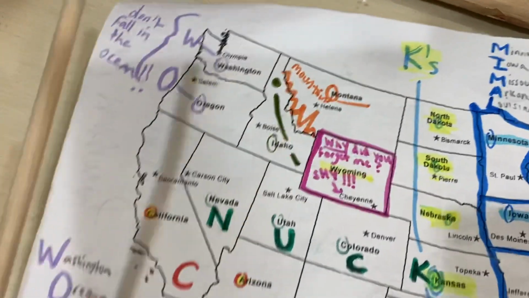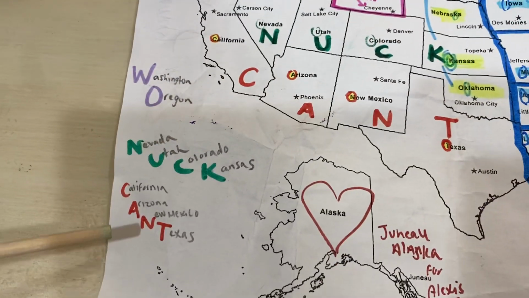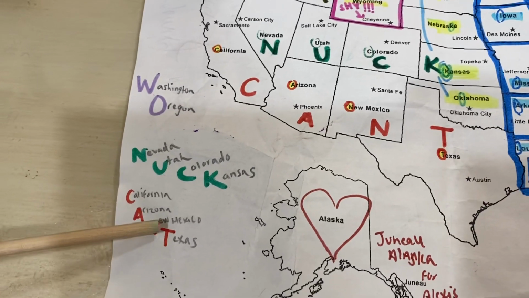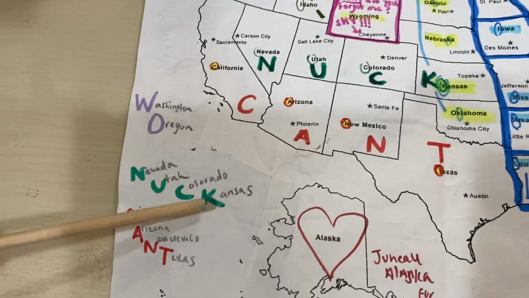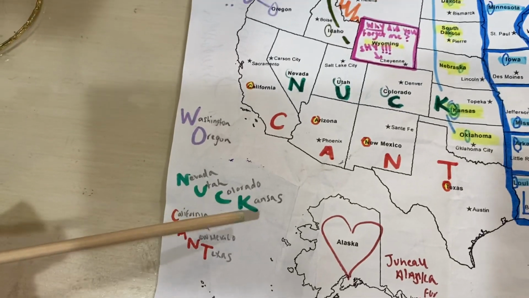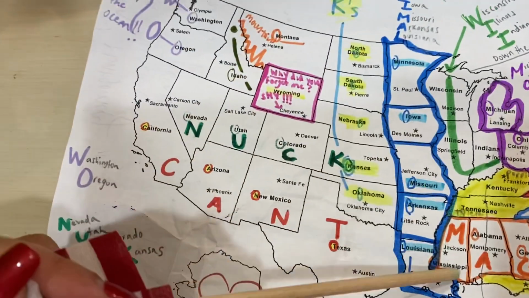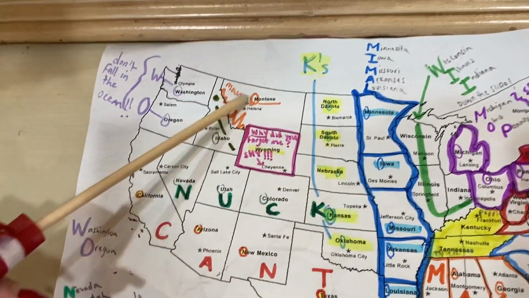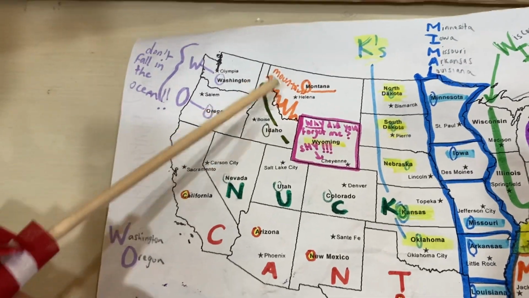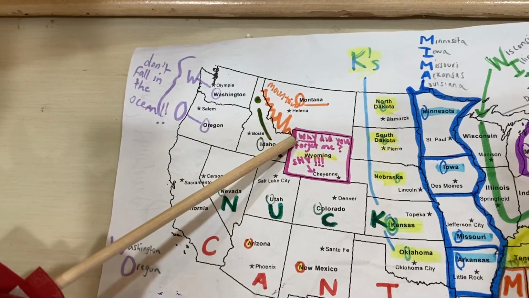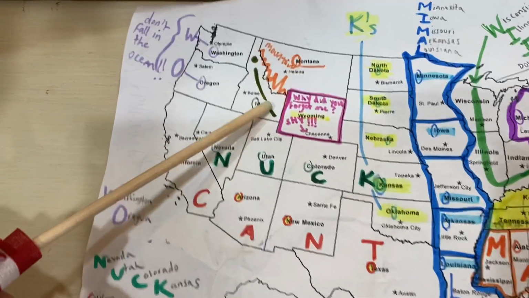So here we have CANT, California, Arizona, New Mexico, Texas. NUCK, Nevada, Utah, Colorado, Kansas. The Ks with all the Ks. Then you move over to Montana, mountains, Montana, Helena, Montana. I for Idaho.